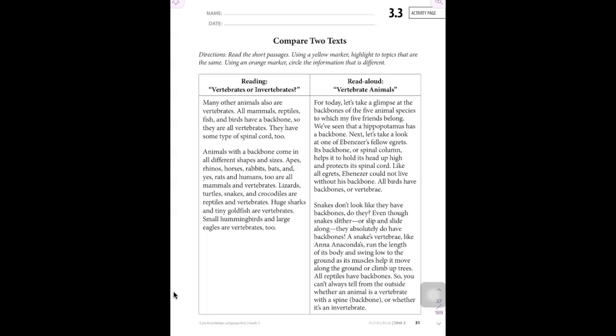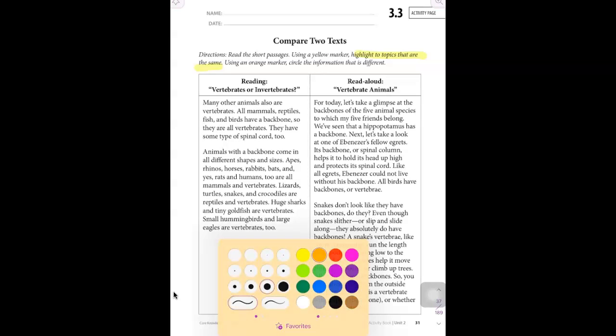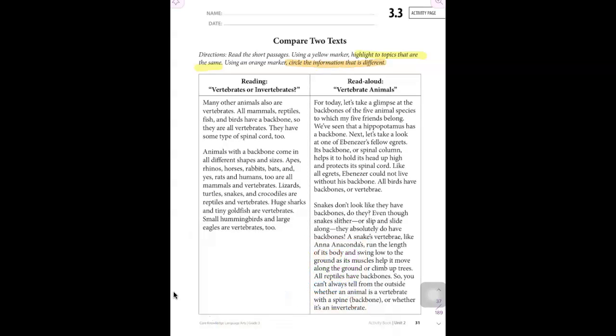So the things that are the same, we will underline or highlight in yellow. Things that are different will be done in orange, okay? And you can circle or underline whatever works best for whatever tools you're using.